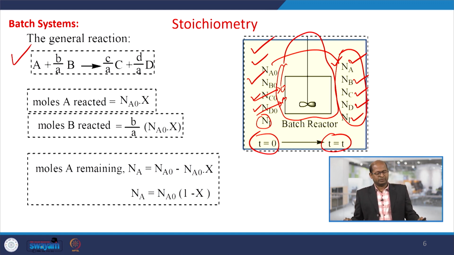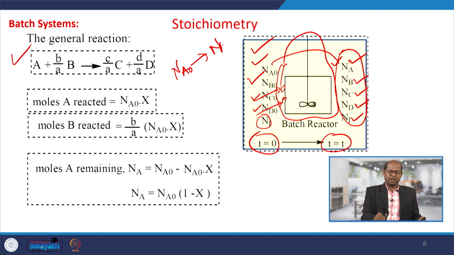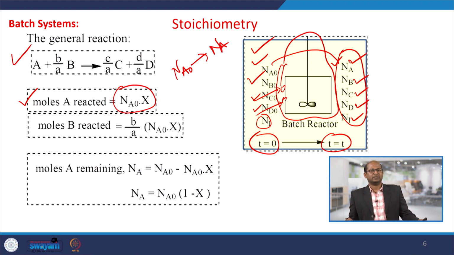Here, initially you have taken Na0, and that finally changes into Na. The difference is the number of moles of that component used in the reaction, that is, the moles reacted, Na0 times X, if X is the conversion. So Na0 times X is the moles that reacted.